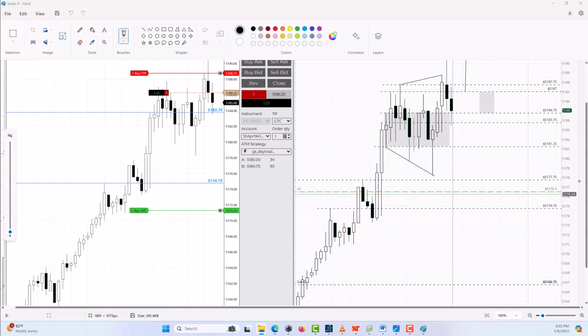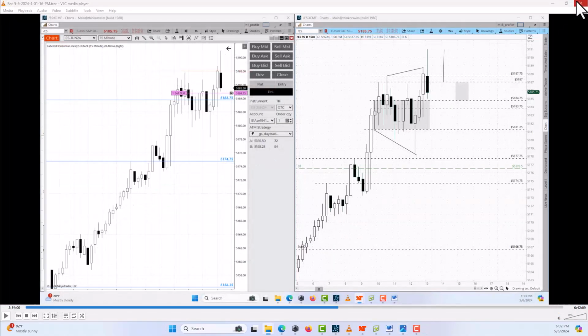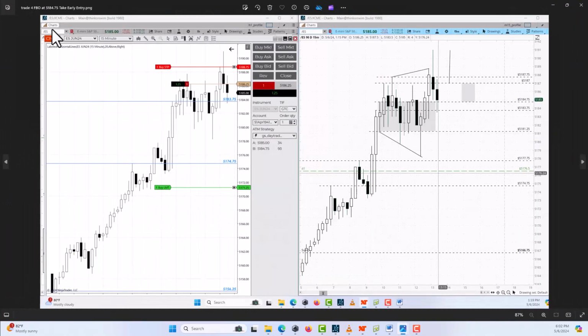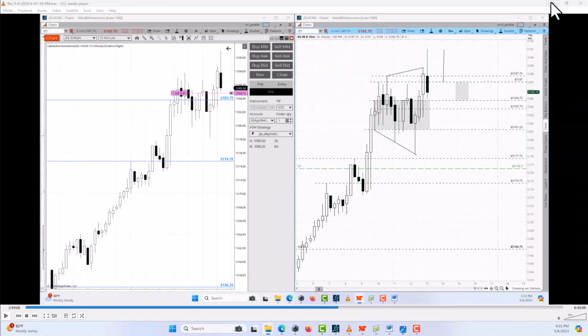We thought it was going to be a fake breakout at the 51.84.75 level and took an early entry. Yeah, so that is our logic right there. We took an early entry. You see that? Here's a screenshot again. So we took an early entry. Now we rewind the tape. We show right there, with the buy stop right there. You see that?